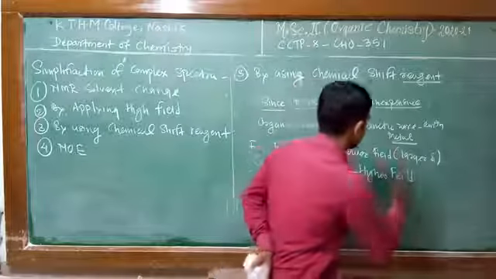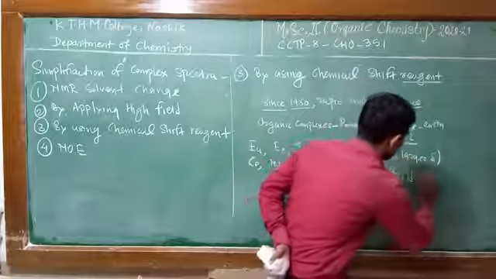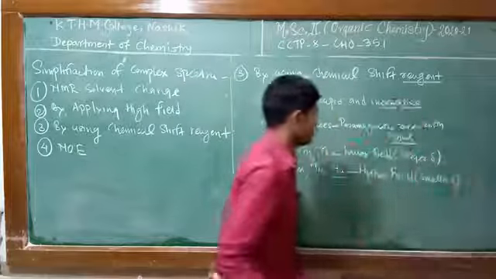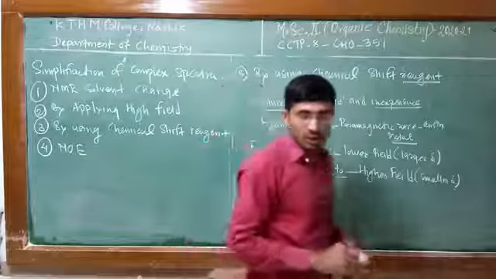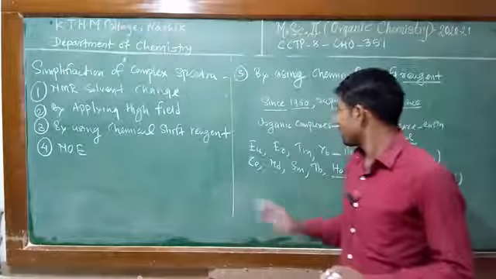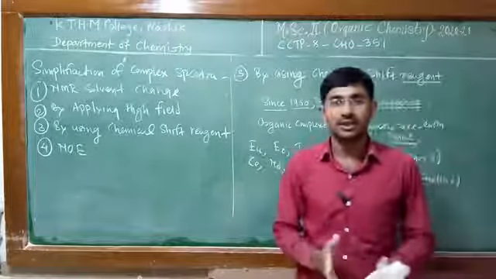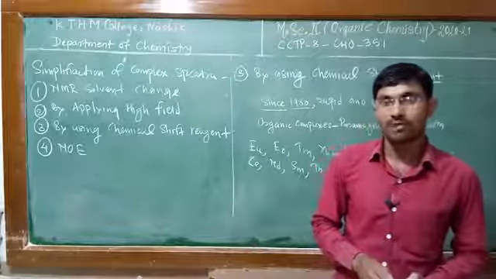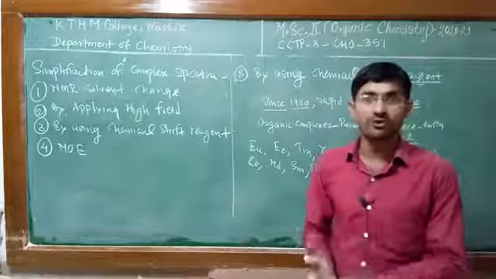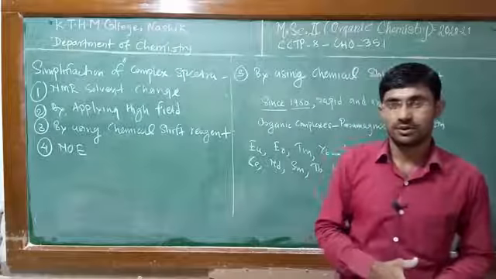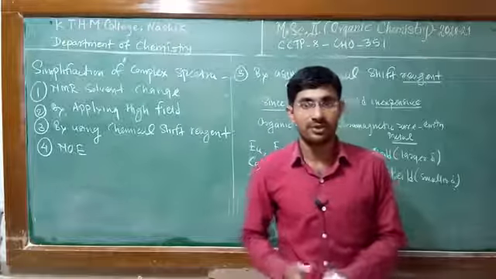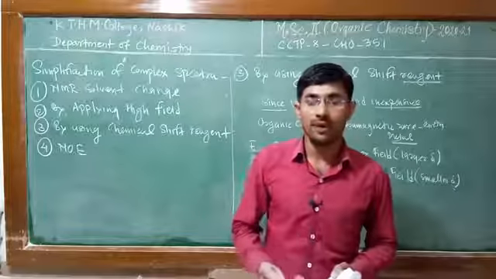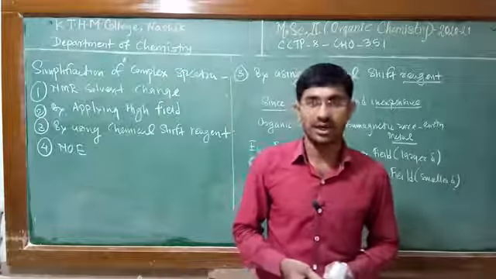Higher field means smaller delta. So in this way we can shift the resonance of the peak upfield or downfield, and resolve the overlapping multiplets in complex spectra.